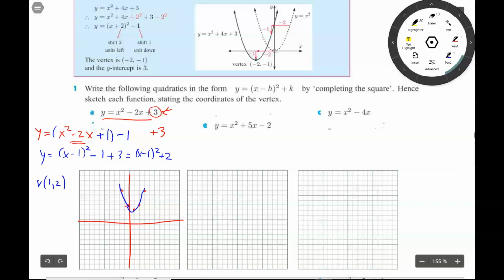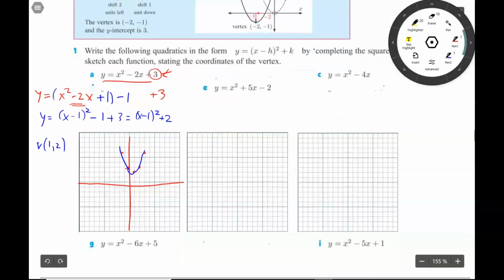Now I'm going to show you a couple other ways, okay? By the way, that was an easy completing the square because the a value is indeed 1. Now, another way you could do it, if they don't specifically ask you to use vertex form or completing the square, is you could just find the vertex, and we already know how to find the vertex.